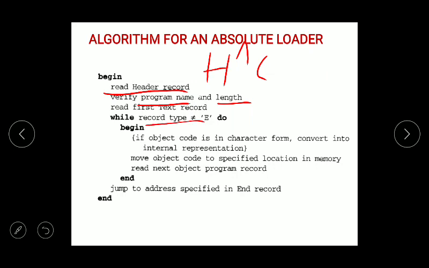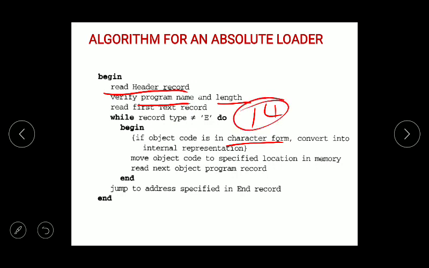While the record type is not equal to E, that means till the end, we have to repeat the process. If the object code is in character form like 1 4, convert it into internal representation, that is, the string 1 4 has to be converted into hexadecimal form. Then move the object code into the specified location in memory.